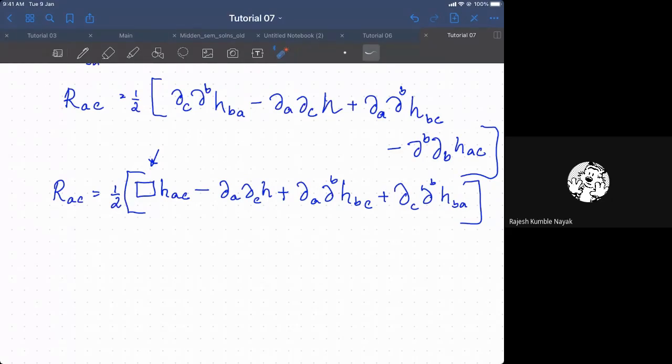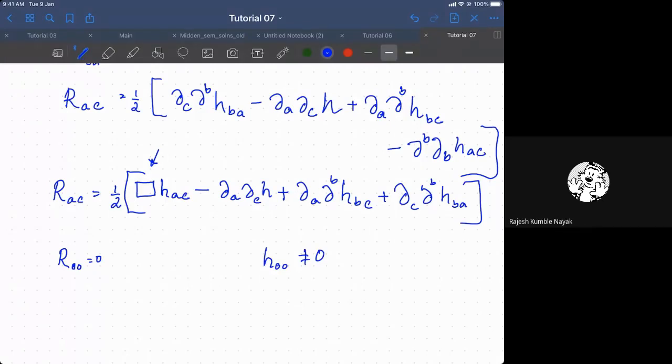Now let's apply our rule. What we have in our metric is only H00 not equal to 0. That is one thing which we have seen. The rest of the HABs are all 0. That means this equation can be simplified further. Let us take R00 equal to 0. That is a condition which we are taking.